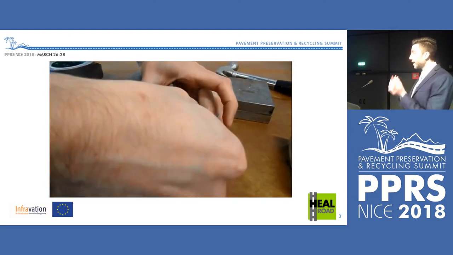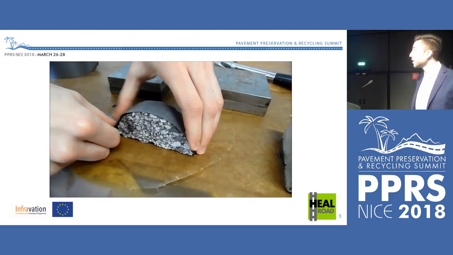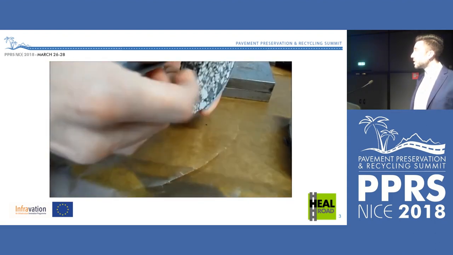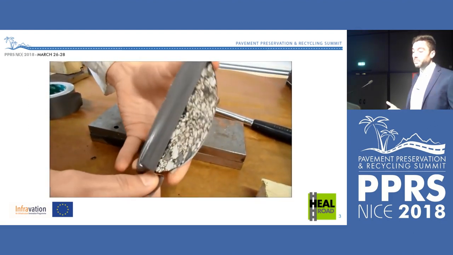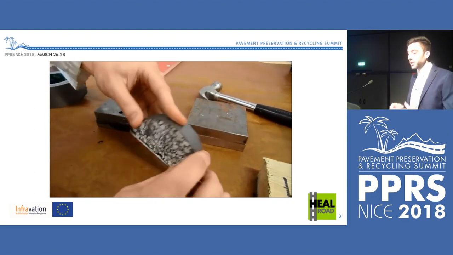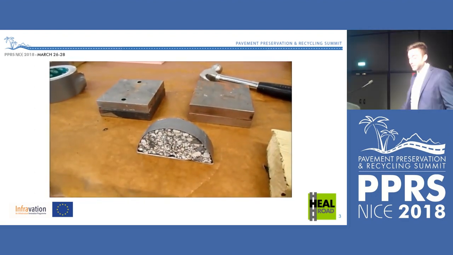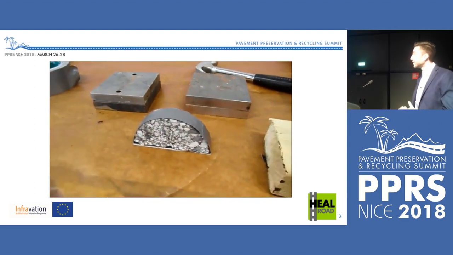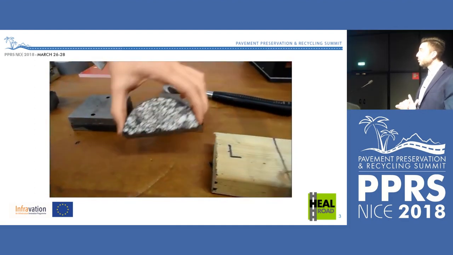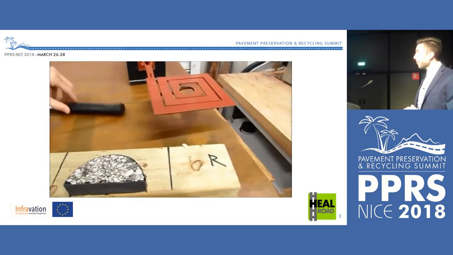Basically, I split the sample into halves. Then I put both halves together. I'm putting on this tape. It's not that the tape is applying any pressure or anything like that. It's more just to prevent both halves from getting separated during the process. And now I'm going to place the whole sample under the induction coil. We will be able to see how it heats thanks to an infrared camera.